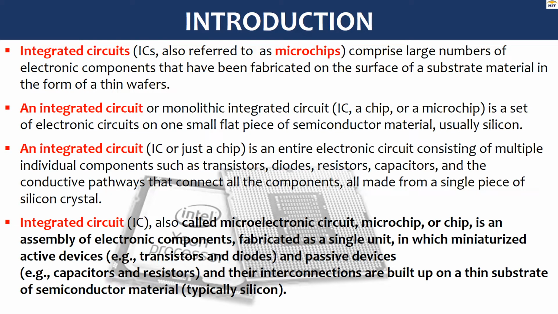It can be called an assembly of electronic components fabricated as a single unit, in which the miniaturized active devices, which are your transistors and diodes, as well as your passive devices, which are your capacitors and resistors, and their interconnections are built up on a thin substrate of a semiconductor material, which is, as I said before, typically silicon.